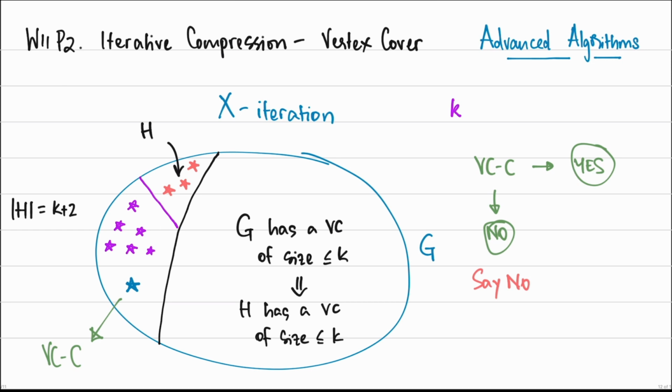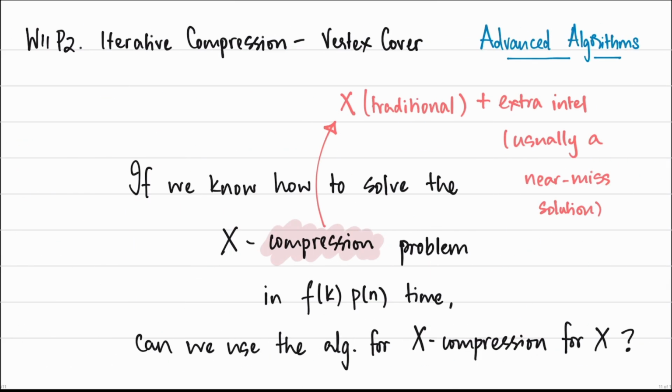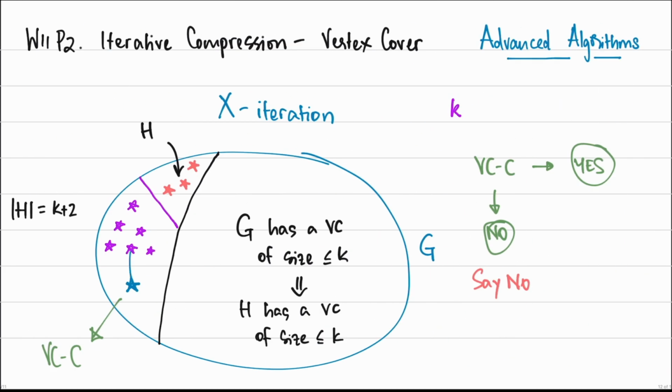So from the compression routine, we already had k vertices. Now I bring in one more vertex and I add it here. So all the edges that this new vertex was potentially bringing in to the graph are automatically covered because this new vertex has been incorporated into my vertex cover. So the old vertex cover, which was the output of the compression algorithm, plus the new vertex that we have brought in, is now a vertex cover of size k plus 1 again for this new H, which now has not k plus 2 but k plus 3 vertices, right?